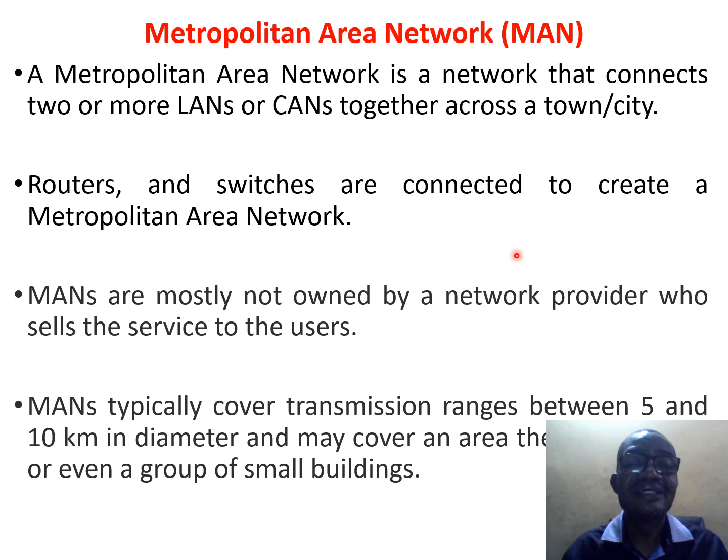For example, if a company has branches within a state like Lagos State, the network that links these computers together within that state is a metropolitan area network. Usually the distance covered by metropolitan area networks is between 5 and 10 kilometers in diameter.